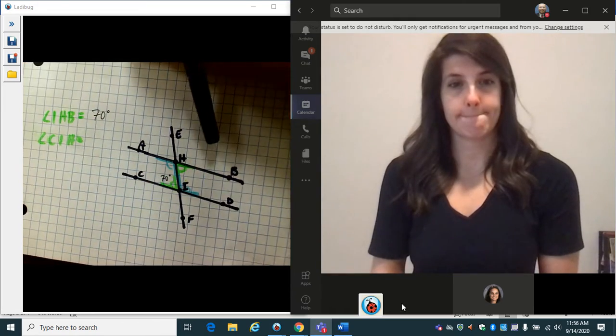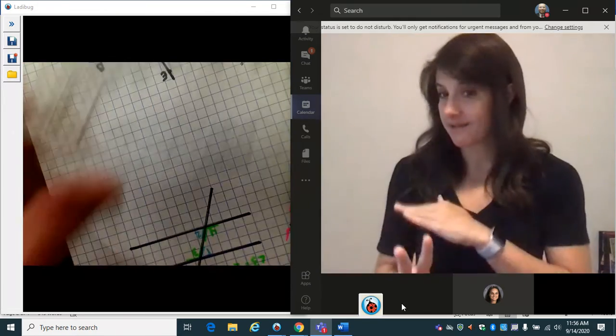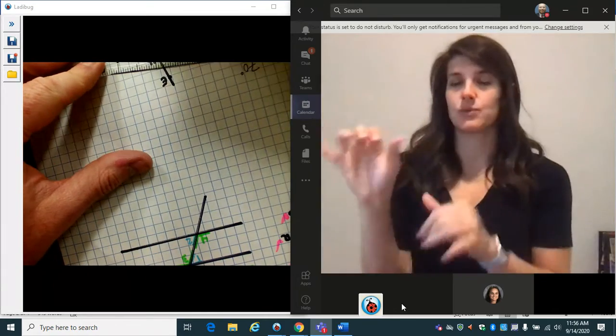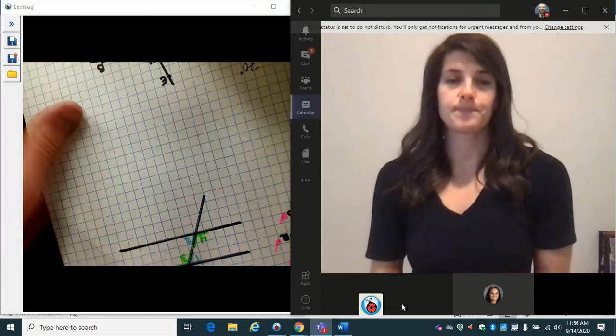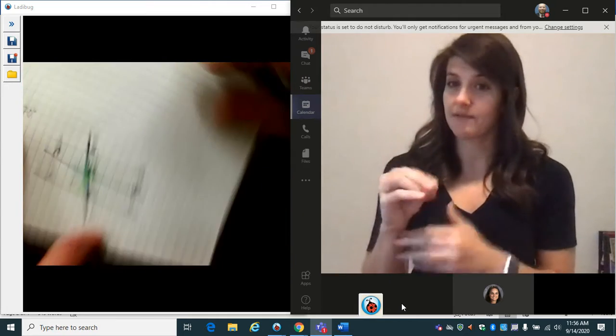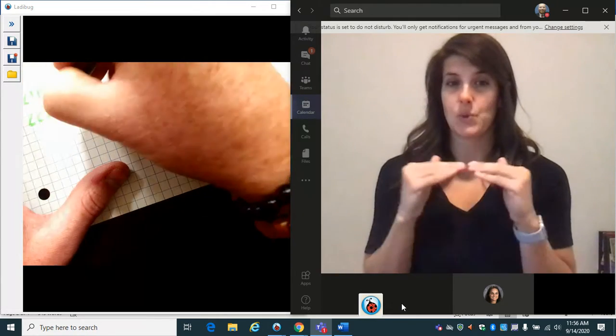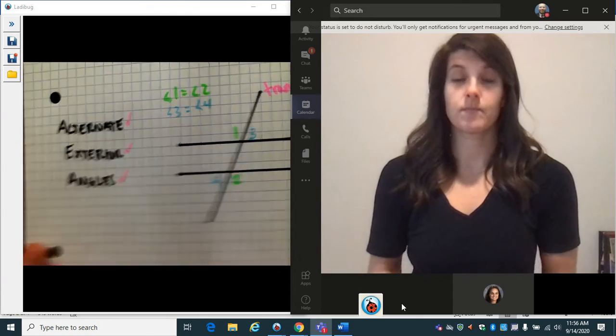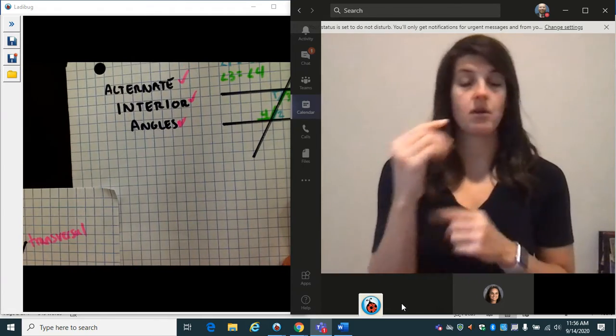We would predict that based on our knowledge of alternate interior angles, this should be the same measurement, 70 degrees. Alternate exterior versus alternate interior angles.